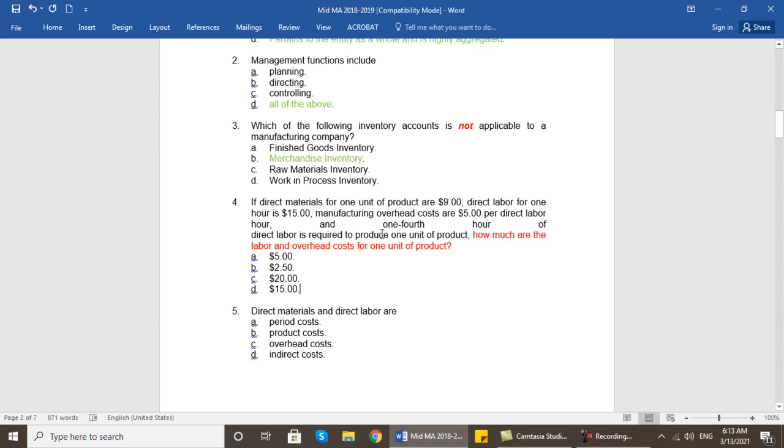But one-fourth hour of direct labor is required to produce 1 unit. So the $20 produces 4 units, so 1 unit equals $5. The answer is A.